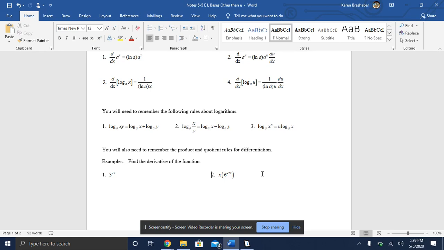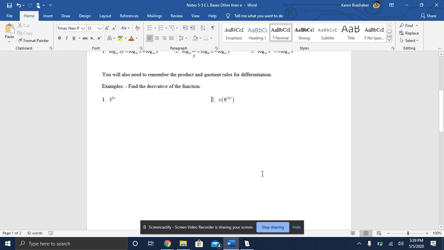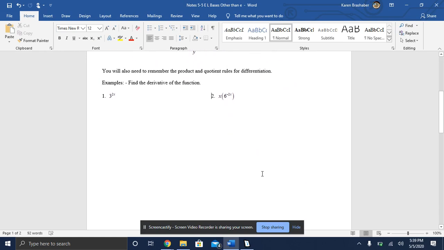So we're going to look at 2 examples to get started. The first one is where we have a base of 3 with a power of 2x. So doing the derivative with respect to x of 3 to the 2x, we'll first of all do the natural log of the base.